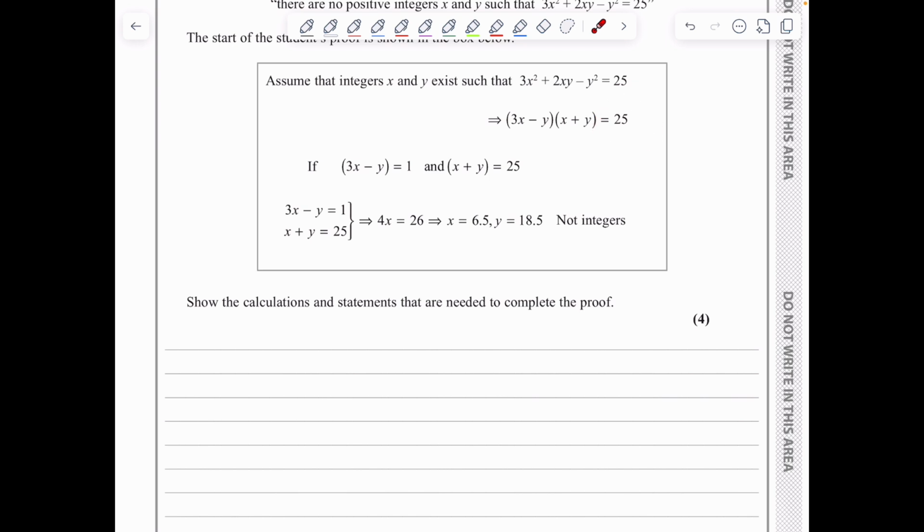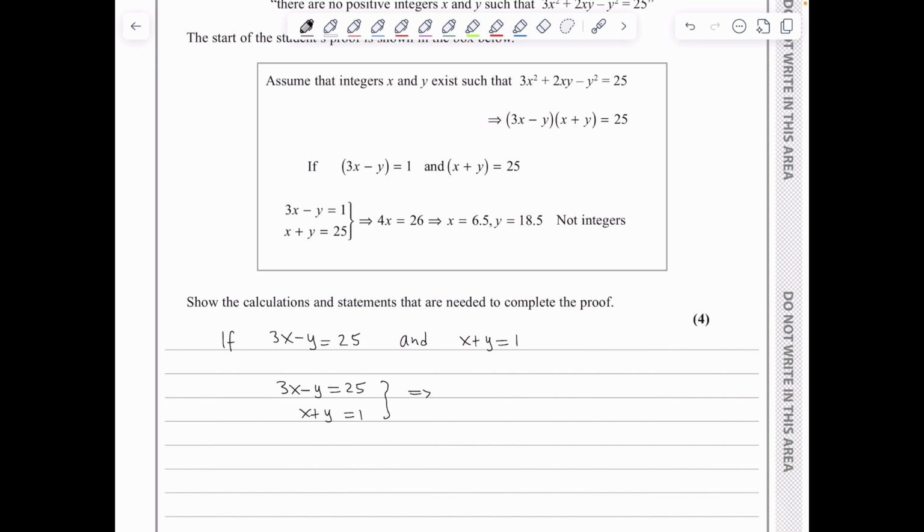So apart from 1 times 25, we could consider 25 times 1. So if 3x minus y is equal to 25 and x plus y is equal to 1, we've got simultaneous equations here in x and y, which I can solve by adding them up.